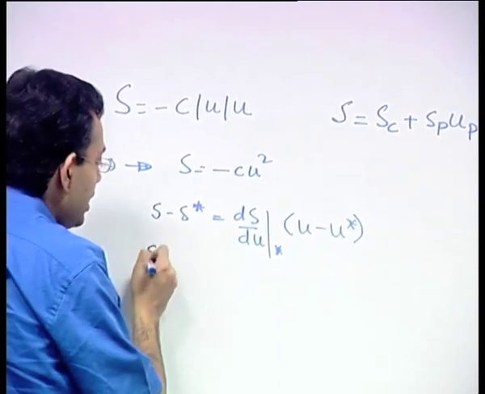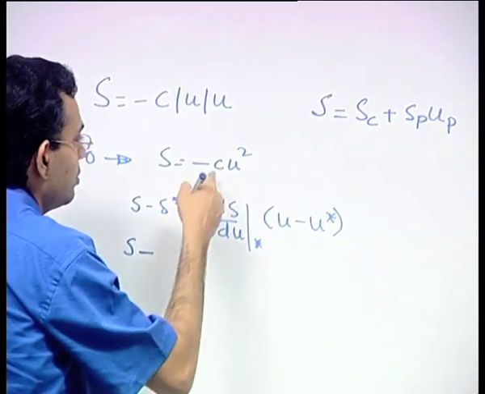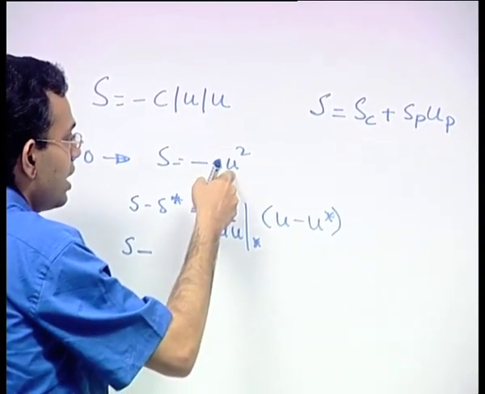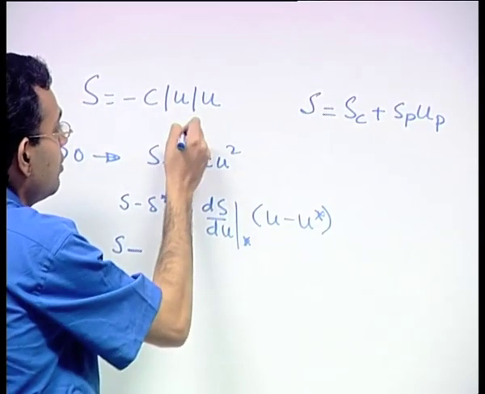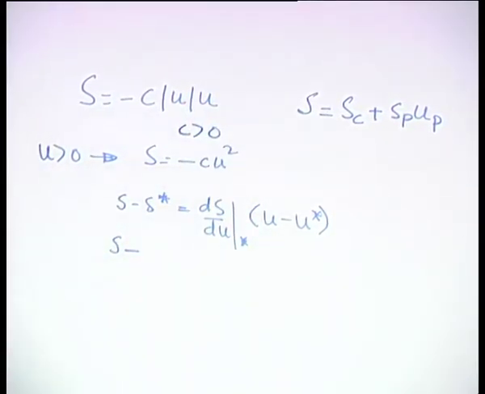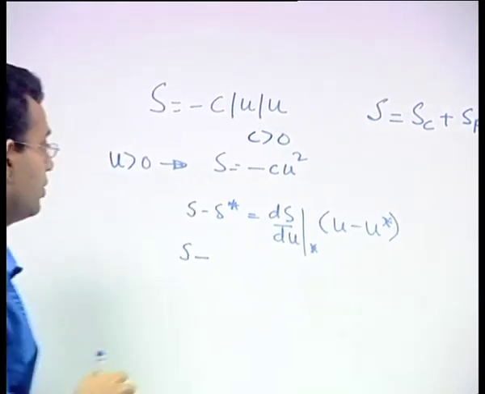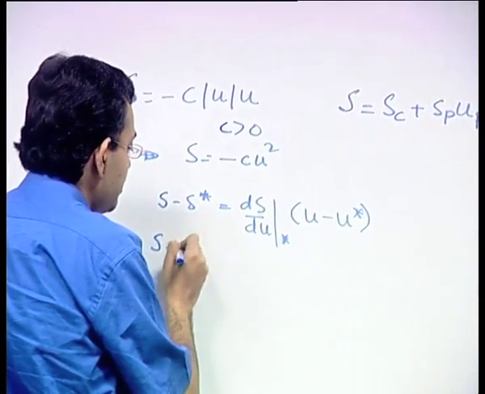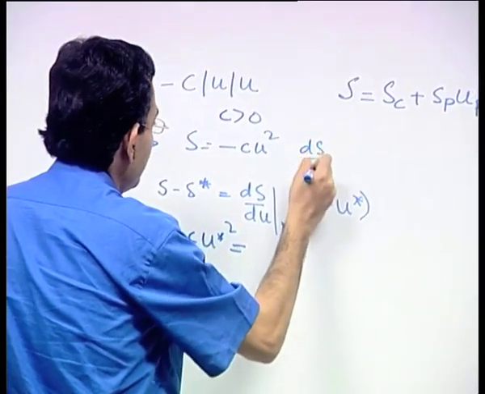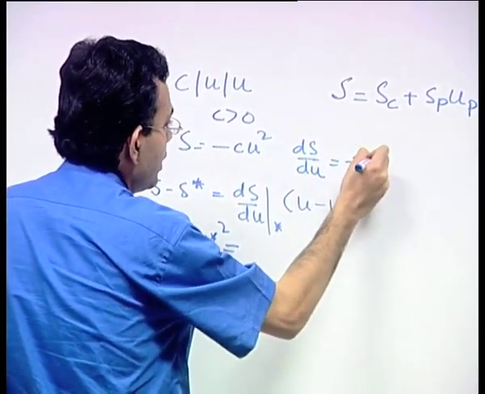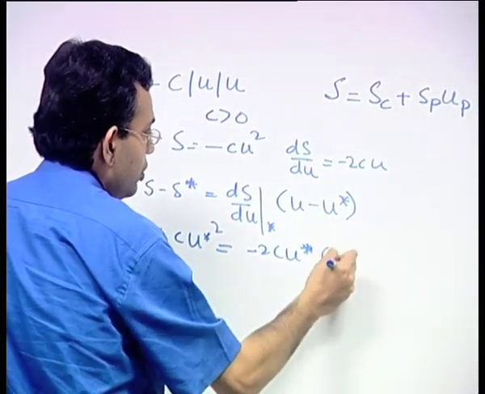At the star point, C u square is C u star square, and remember that C is given greater than 0. It is given in the problem that C is a positive constant. Now, S minus S star is S plus C u star square. What is dS/du? It is minus 2 C u. So, minus 2 C u star into u minus u star.